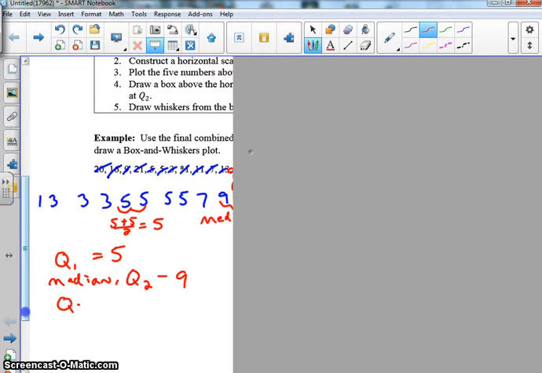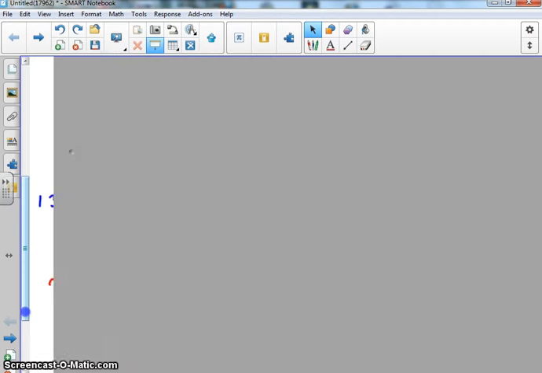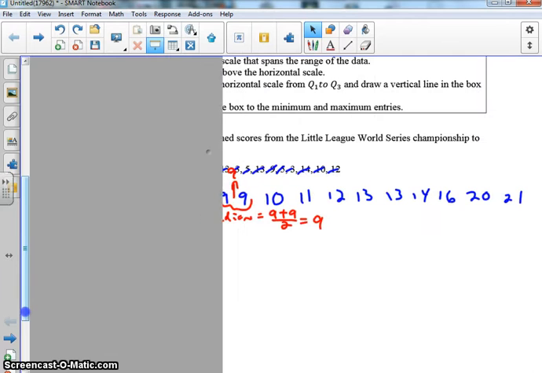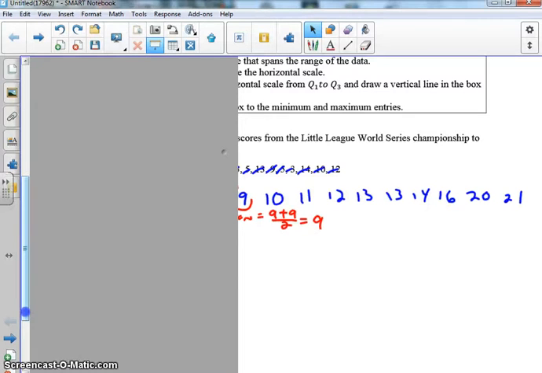To find Q3, we want to cover up the other side, so I'm going to cover up the left side, everything to the left of the median, and I'm going to look for the median of the right side of the data. Again, there should be 10 pieces, 1, 2, 3, 4, 5, 6, 7, 8, 9, 10. So I'm going to look at the fifth and the sixth.